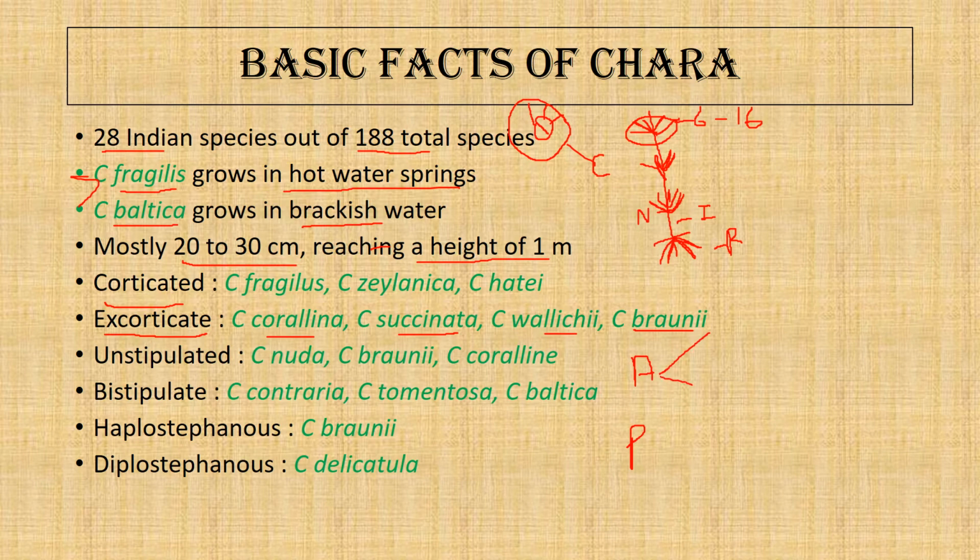Annual species are of two types. One is monocarpic, that is, it reproduces only once in its life cycle. Another is bicarpic, that is, it reproduces only two times in its life cycle.